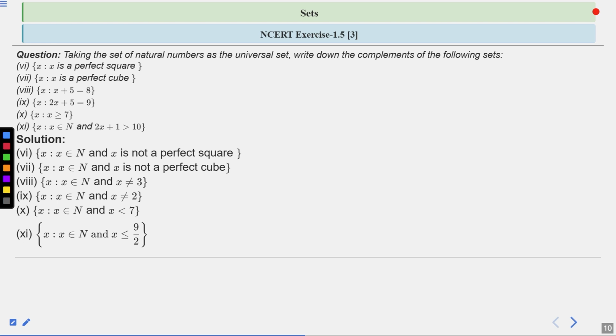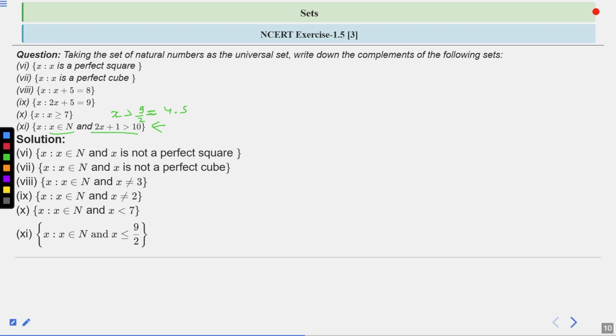Now for 11th, observe the set carefully. We collect all the natural numbers satisfying the given inequality: 2x plus 1 is strictly greater than 10. Clear? Now if you solve this, x is strictly greater than 9 by 2, which is 4.5. So you are collecting all natural numbers greater than 4.5.